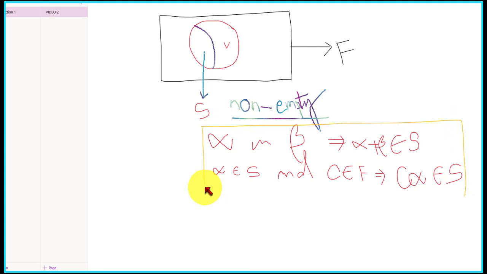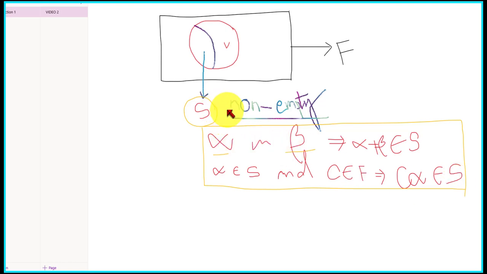First, for any two arbitrary elements alpha and beta belonging to the subset S, alpha plus beta also belongs to S. And if alpha belongs to S and C is any scalar from the field capital F, then C alpha also belongs to capital S.